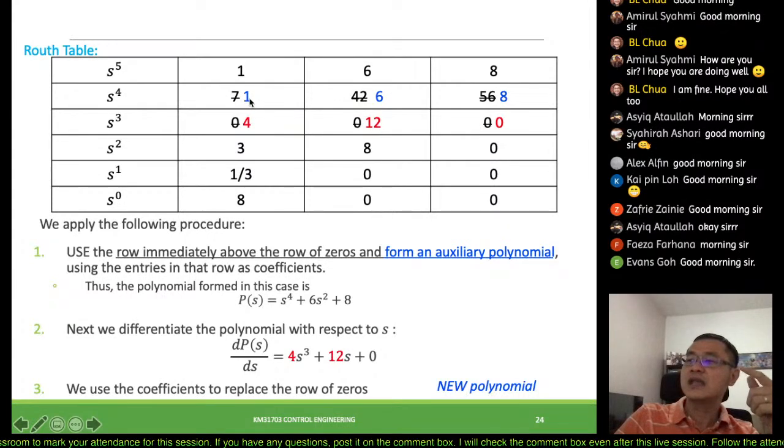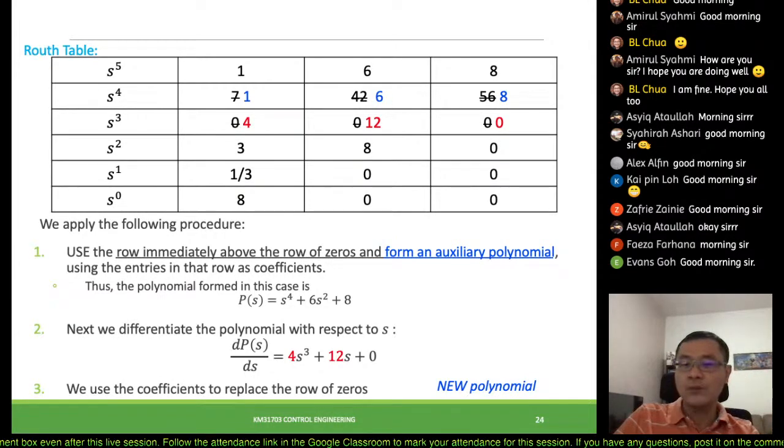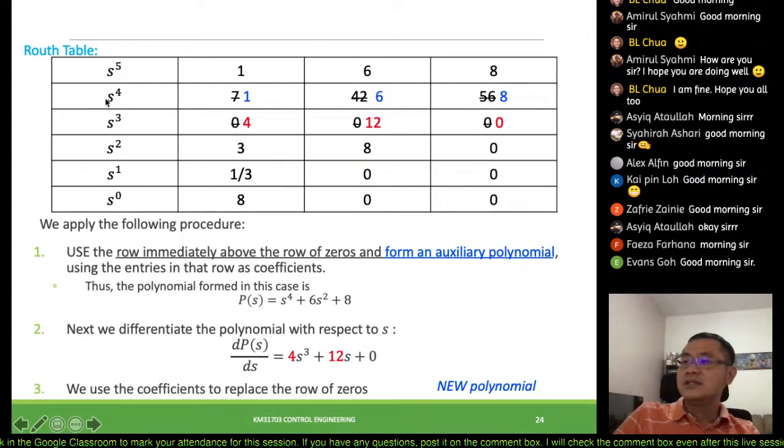So here we get 168, because we can simplify 742 56 into 168. We will use this 168 as our new polynomial to continue. What it means is that this is the coefficient for s power 4.